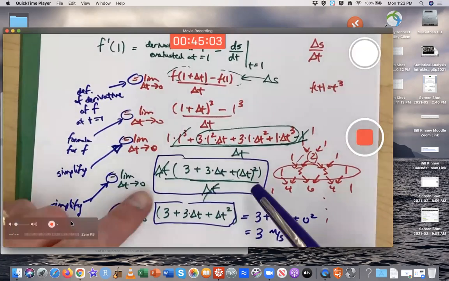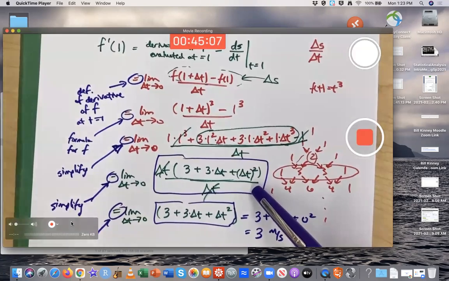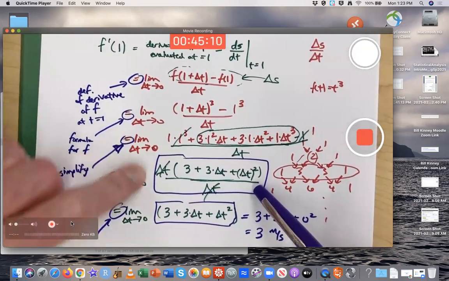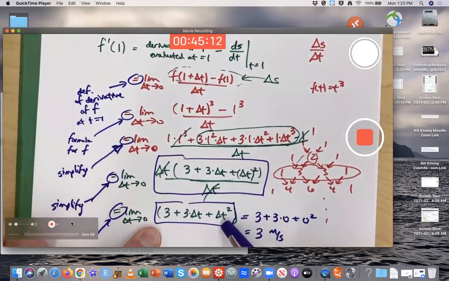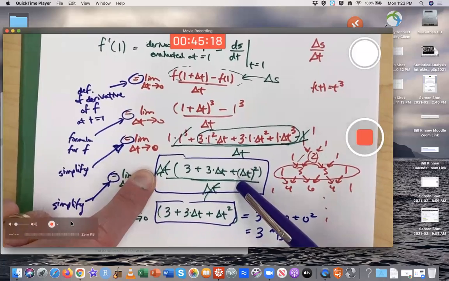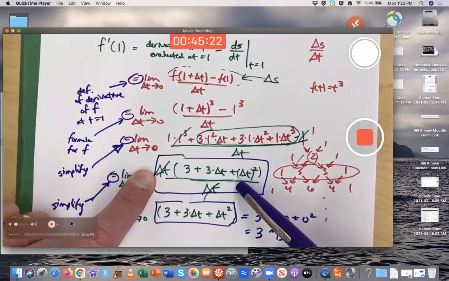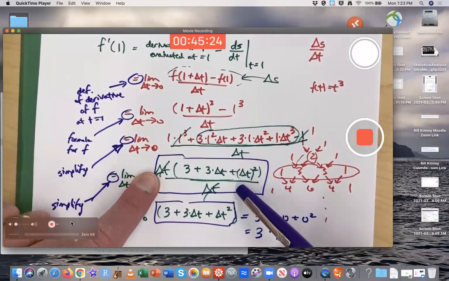If I were to graph this function as a function of delta t, which sounds like a really weird thing to do, but certainly could be done, it would look like the graph of this function as a function of delta t, except there'd be a hole in the graph of this one at delta t equals 0, just like with those rational function examples from last Friday. In fact, this is a rational function of delta t.